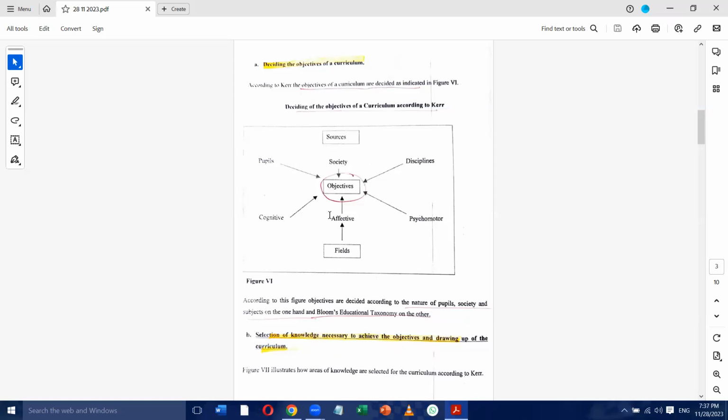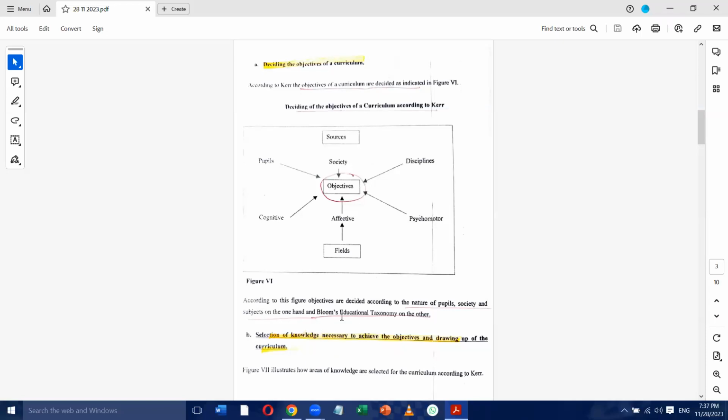So according to this figure, objectives are decided according to the nature of the pupil, society and subjects on the one hand, and Bloom's educational taxonomy on the other.